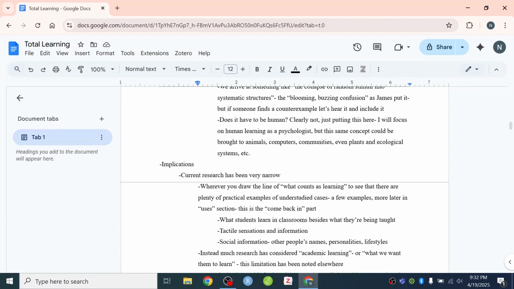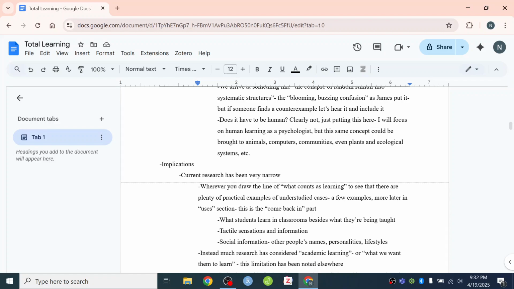Certainly, they must have learned some things. They must have learned the name of their teacher, names of their fellow students, personality traits of their fellow students, what makes the teacher angry, what makes them happy, how to use the computer they've been placed in front of, cheating strategies.